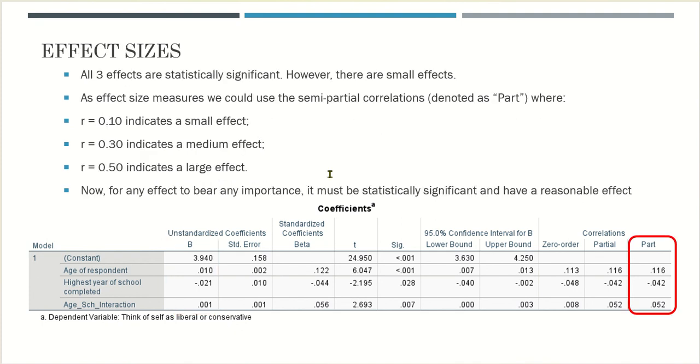However, we should take note that even though we saw significant outcomes, we should look to see how much of an effect we have. How strong are those relationships? We do that by looking at their effect sizes, which we can find under the area where it says part here.